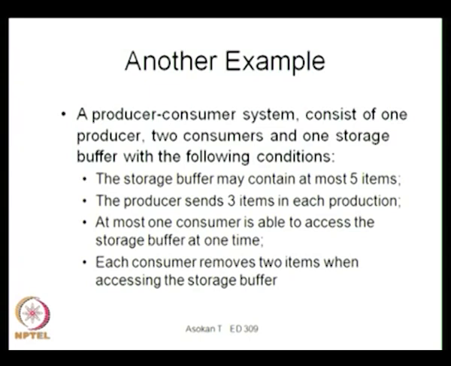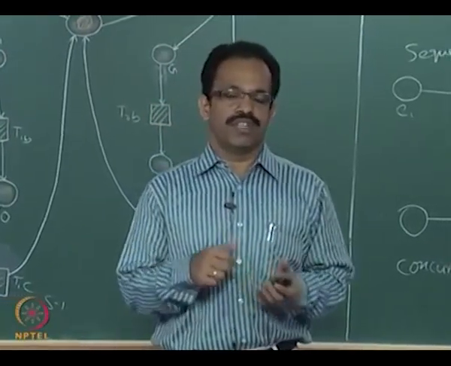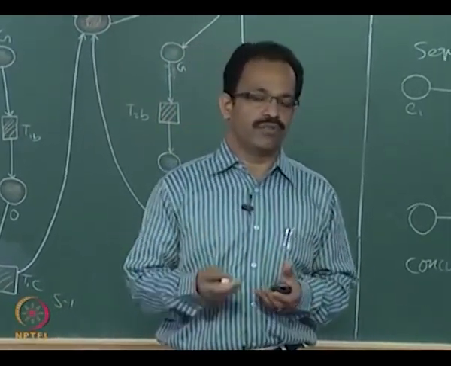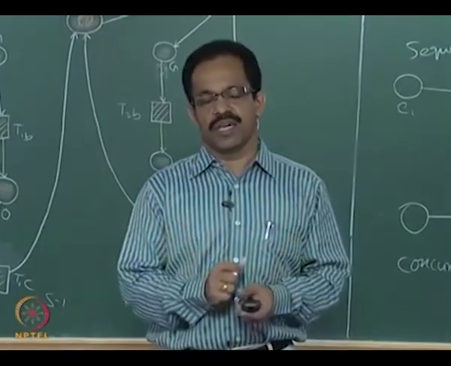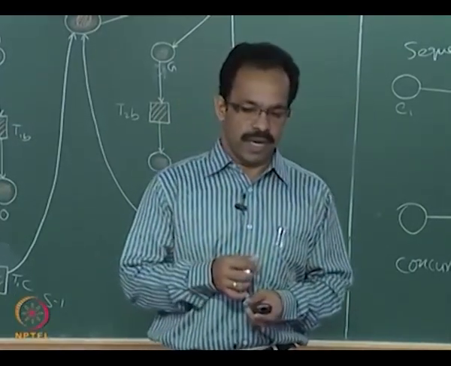How do we actually synchronize the activities of the producer, the consumer as well as the storage? We need to ensure that the producer is enough for the consumer, and if the consumer is not taking, it is going to the storage, and the storage is not overflowing. So how do we represent this concurrency and the synchronization of these events? That can be represented using a Petri net.